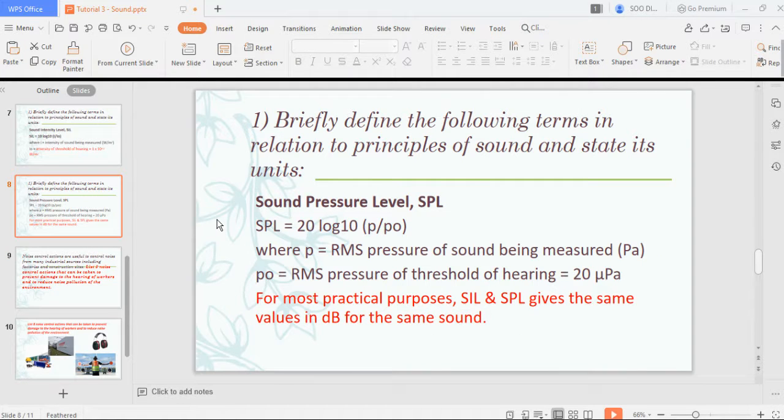Then you have your sound pressure level, SPL, represented by this formula, where P is the RMS pressure of sound being measured, and P0 is the RMS pressure of threshold of hearing. For most practical purposes, SIL and SPL give the same value in dB for the same sound.